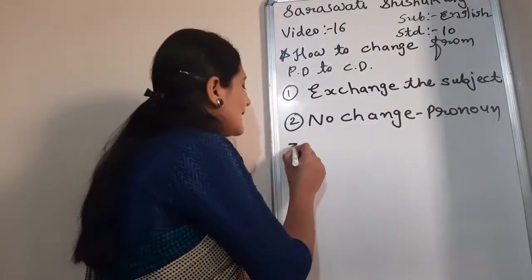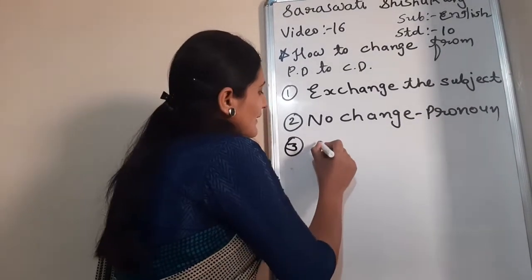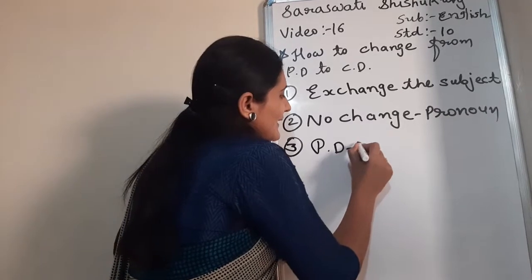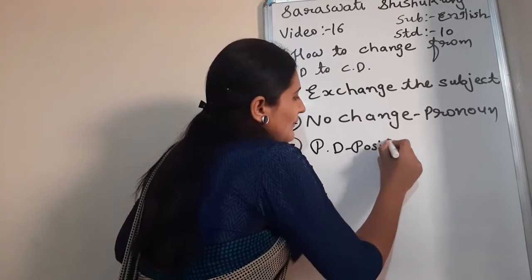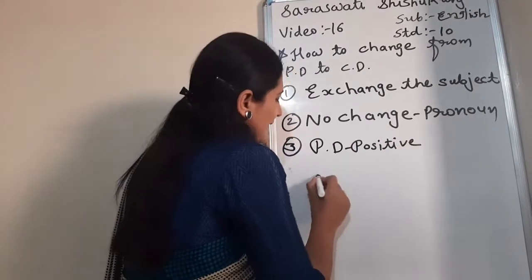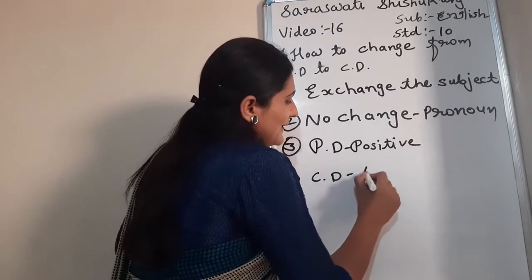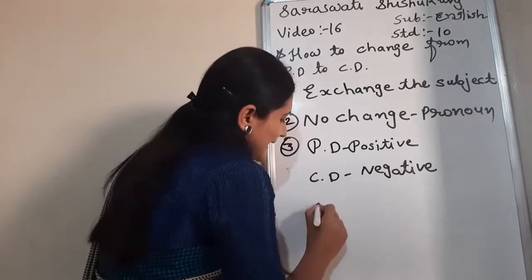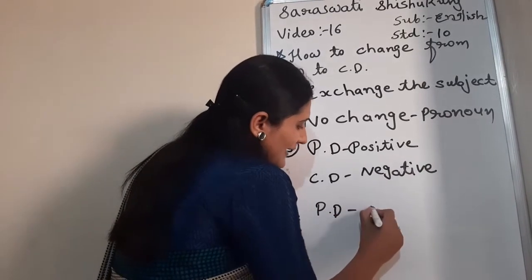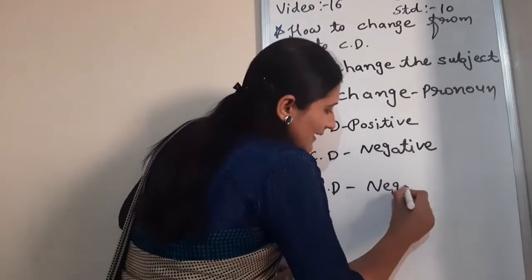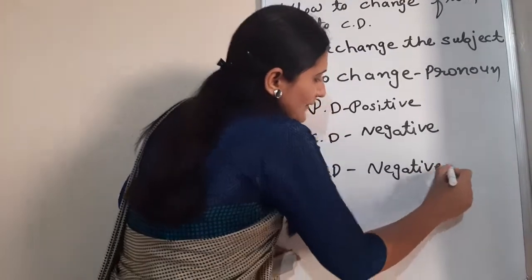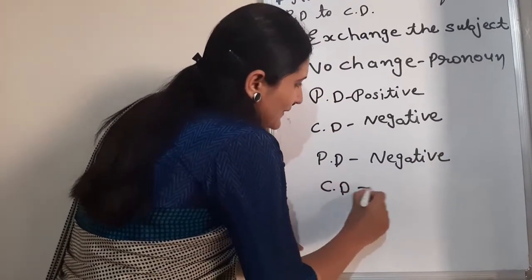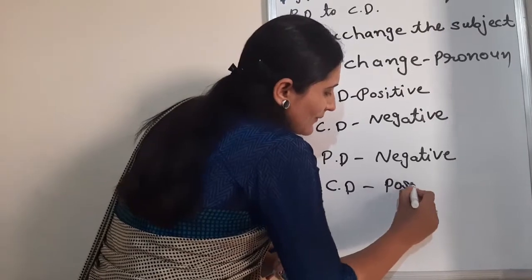Now, third rule is, if positive degree is positive, then comparative degree will be negative. And if positive degree is negative itself, then comparative degree will be positive.